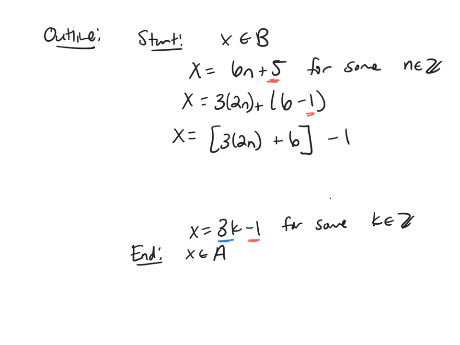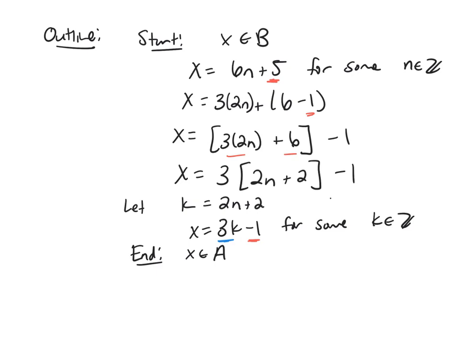I'm going to rewrite this plus 5 as 6 minus 1. And then if I look here, I need 3 times a number, so I'm going to factor a 3 out of 6n. That'll leave me with 2n. So X equals 3 times 2n plus 6, and then the -1 off to the side. So all I need to do is pull out a 3 from these two terms right here. It'll be 3 times 2n plus 2, minus 1. And so I should let k be 2n plus 2. And we know that k is an integer because it's a sum and difference of integers.